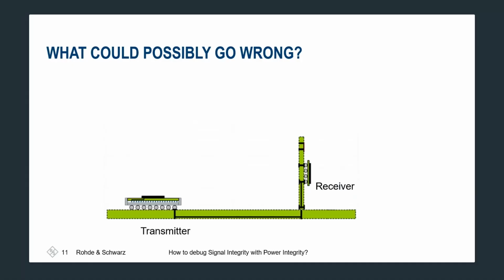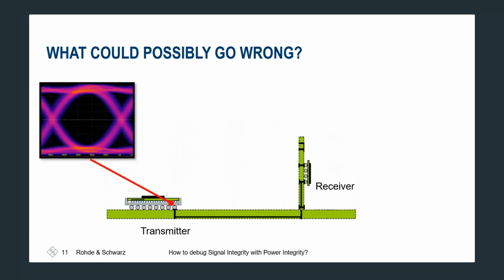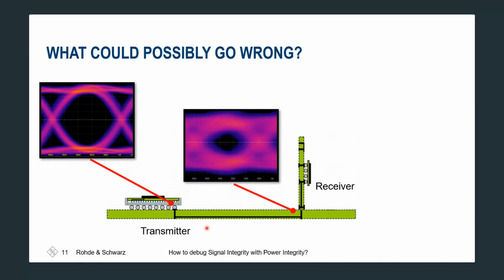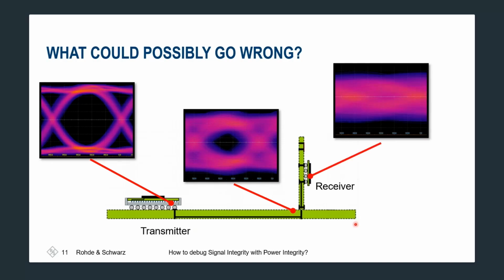So, jumping to signal integrity. A typical debugging session for signal integrity starts with the so-called eye diagram measurement. If we think about a transmitter, an eye diagram typically looks open and clean at the output of the TX chip. When the signal travels via the PCB trace to the receiver board connection, some dispersion effects like attenuation and phase shift will occur, and therefore the eye gets more closed at this point.